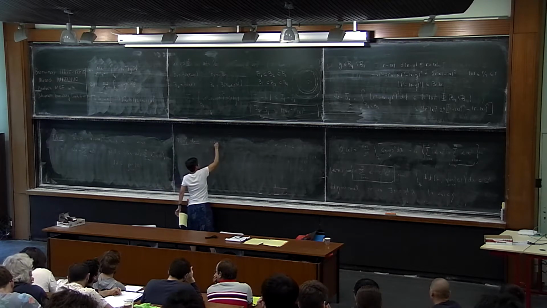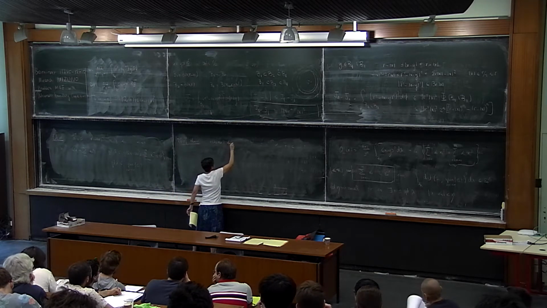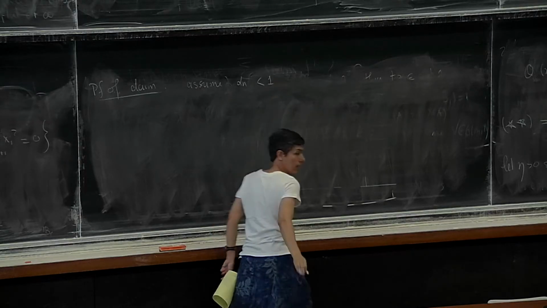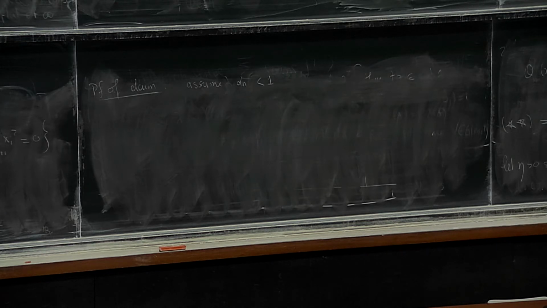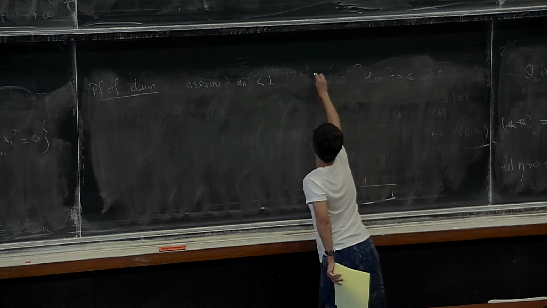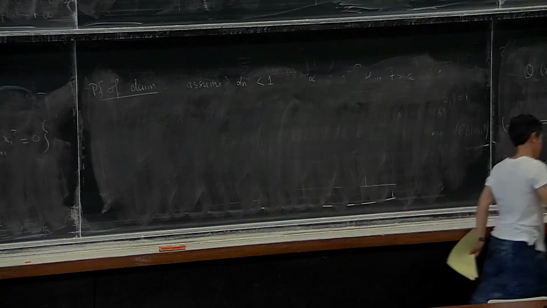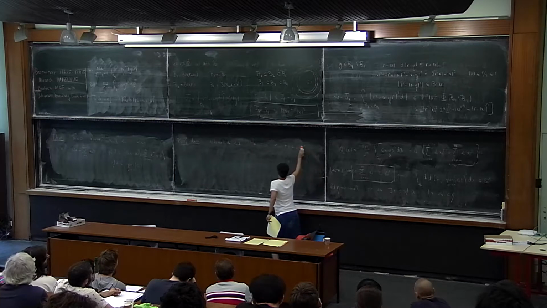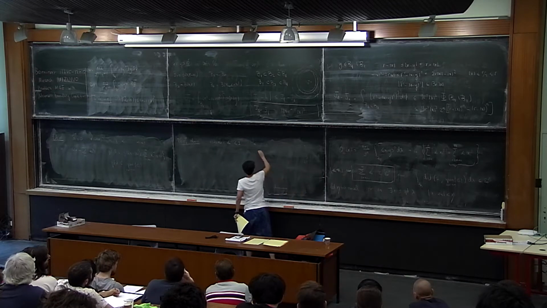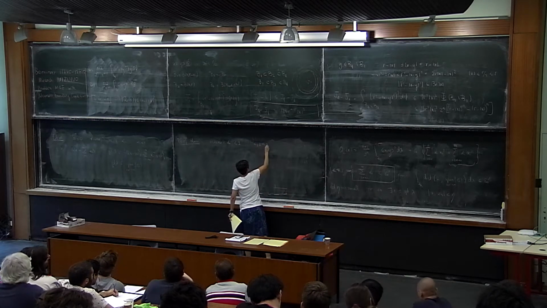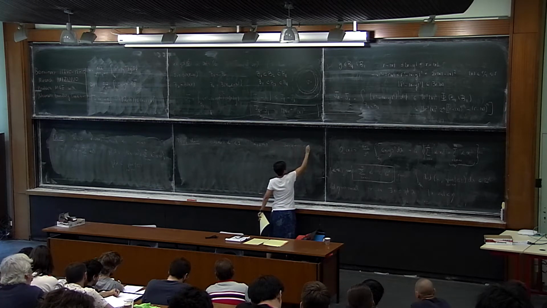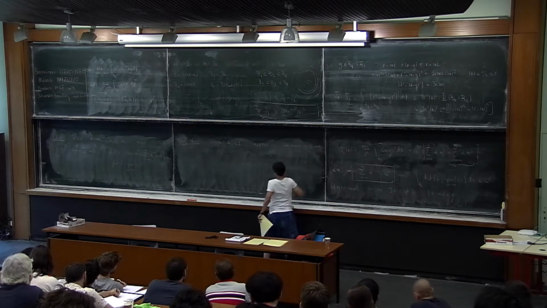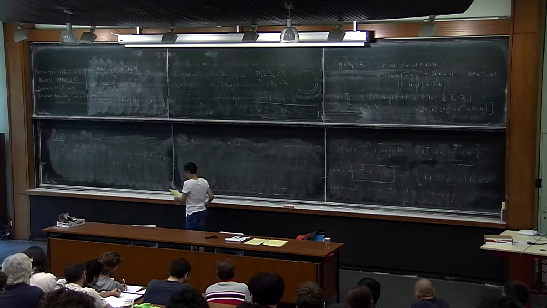Assume alpha_n is strictly less than 1. Okay? So remember they're in order. I'm going to give you a couple of things of algebra.